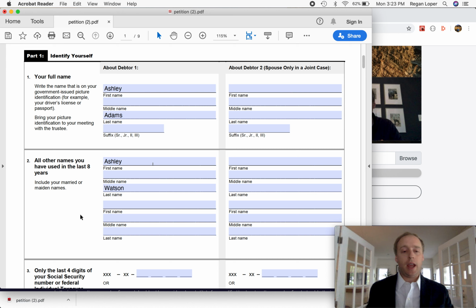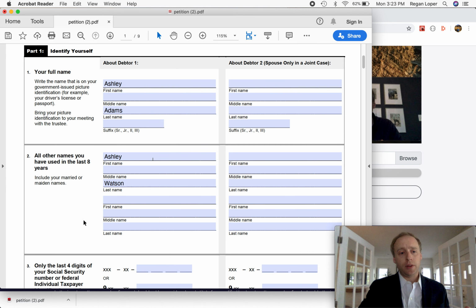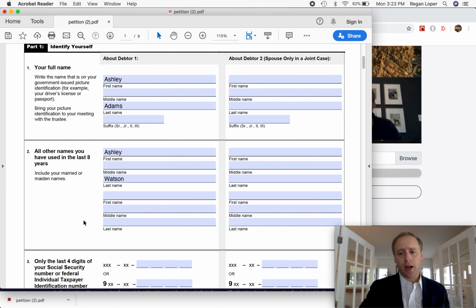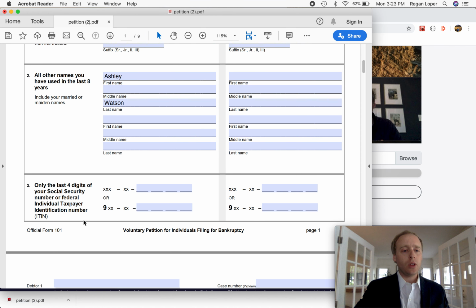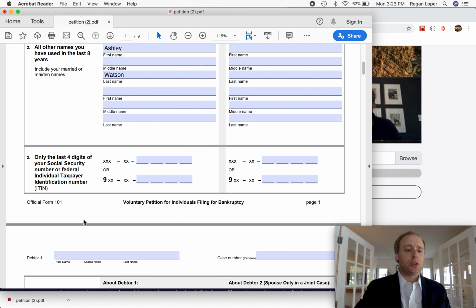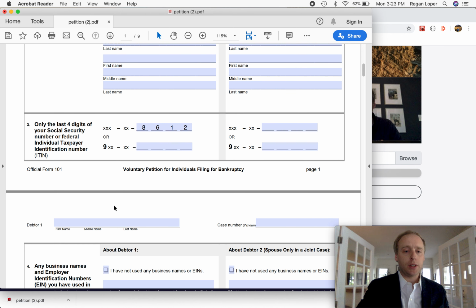That was her name when she was still married. And that's the typical case that I've seen for this section: if you've got a name that you used when you were married and you've since gotten divorced and now you're ready to file a petition, you would include these names. Okay, the last 4 digits of your social security number. Include those there. Pretty self-explanatory.